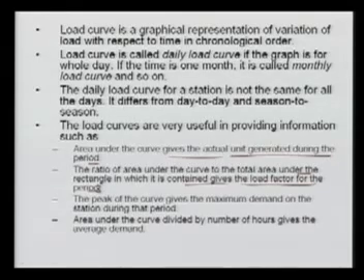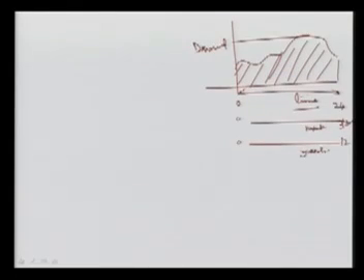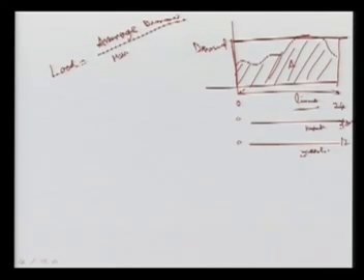Means, in the load curve here, if this rectangular area is the maximum, then this area A divided by this complete area will give you the load factor. So the load factor, you must be knowing, is the average demand divided by the maximum demand.